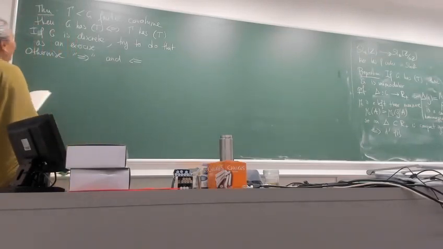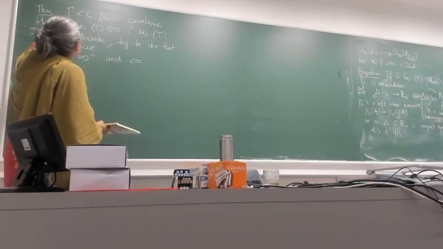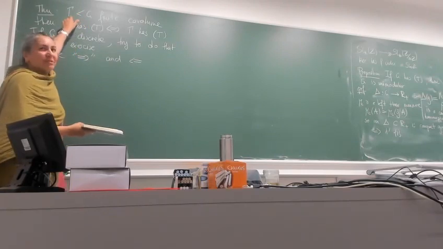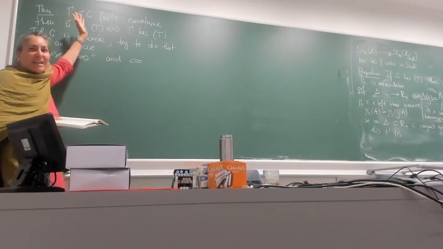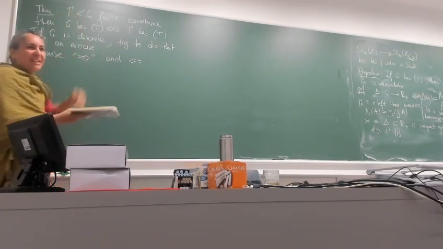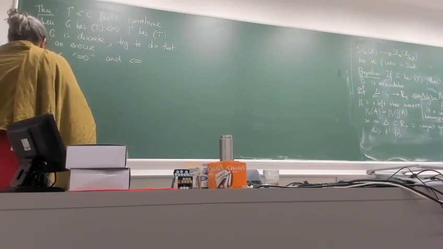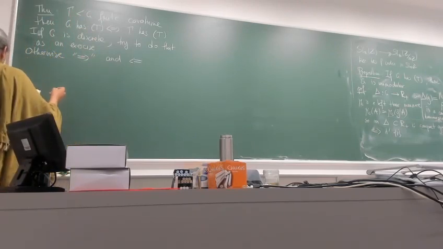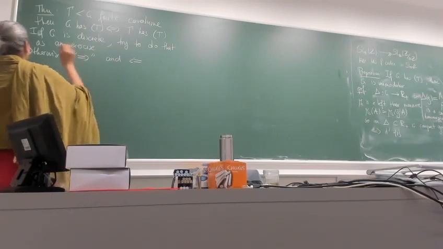And so how do you have to go? If you want to go from one group to an ambient group, you have to induce up representations, and that's what I'm doing now.